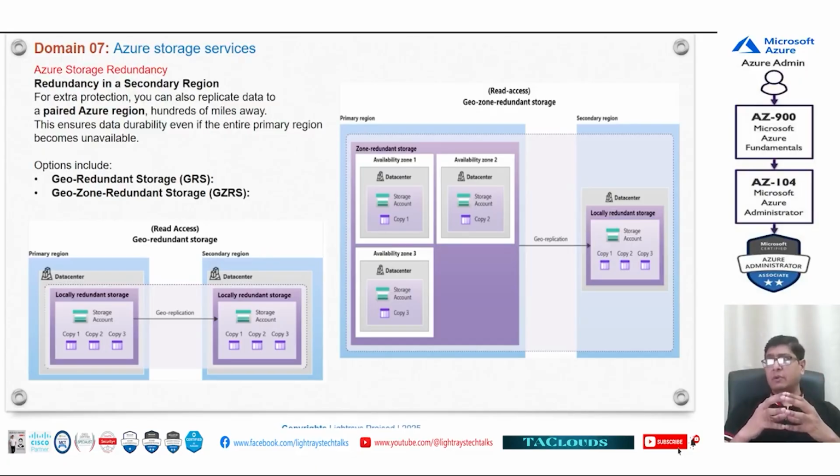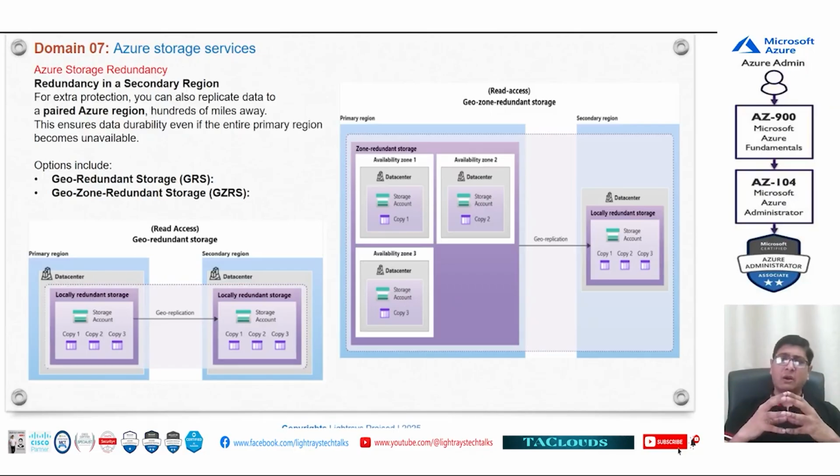What we are doing now is, in one region we are putting three different copies on three different availability zones also. If the whole region goes down, no problem, the secondary copy will be available in the second region, and that will be read only.